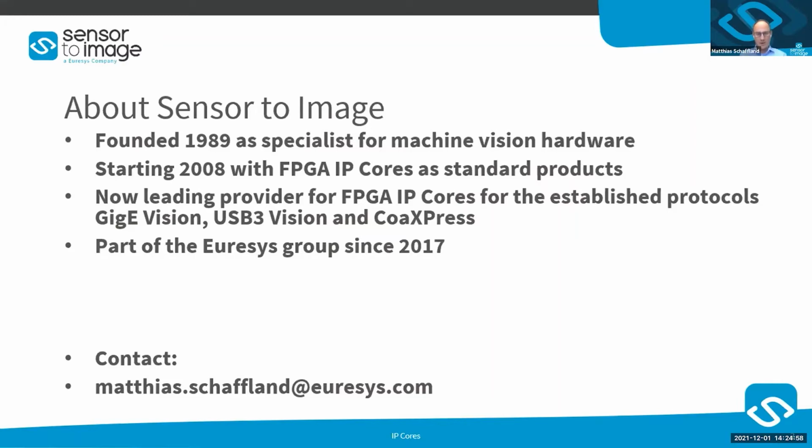Now we have a bunch of IP cores available, and we are one of the providers which offer all of these major protocols like GigE Vision, USB Vision, CoaXPress, and a few sensor interfaces. And we are part of the standardization committees for these standards and claim to be up to date with all these technologies and what is going on.